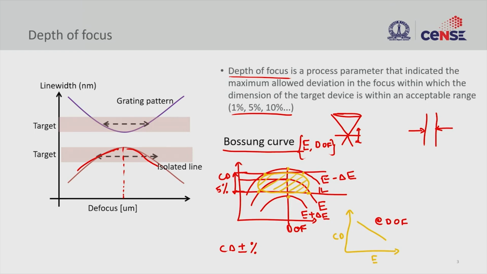So I don't have to worry about the exact depth of focus or exact exposure dose. My dose can vary within this range, and my depth of focus or the focal point, right? So here we had this focal point. My focal point can vary within this region. And this is what makes lithography, the projection lithography, very robust.